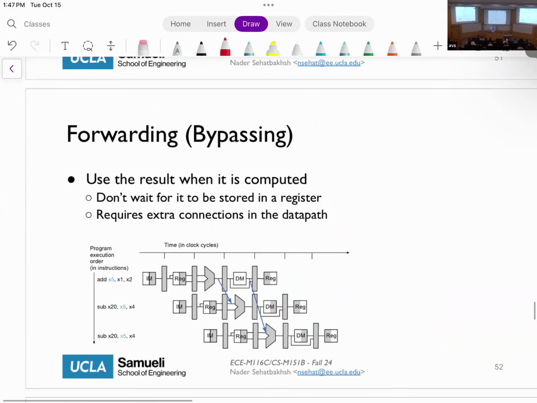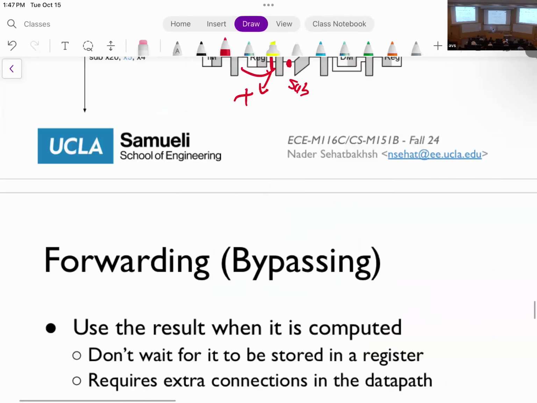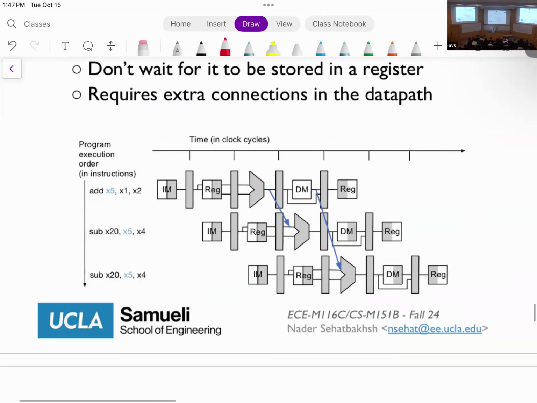So essentially we're going to have scenarios like this, where add can be forwarded from the beginning of here to here, and if I have something like this, I can forward it from the beginning of the write back to the ALU. So I can actually have two forwarding paths, either from the memory stage or from the write back stage, and forward back to the ALU stage.